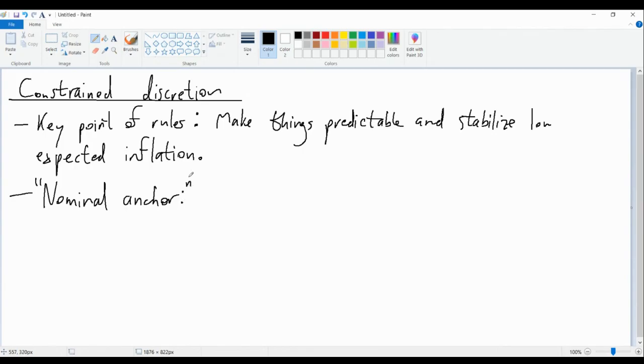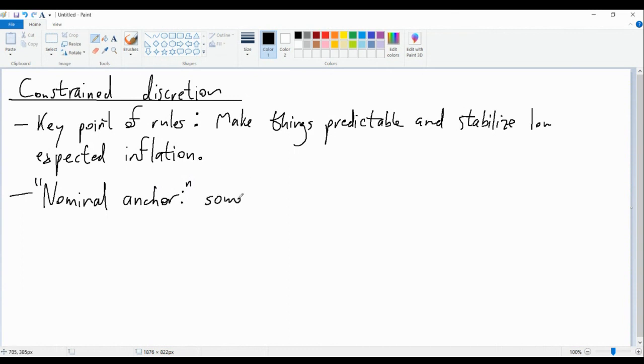Broadly speaking, a nominal anchor means something to do with prices. That's what nominal means. That helps to keep them visible and stable for all of us.